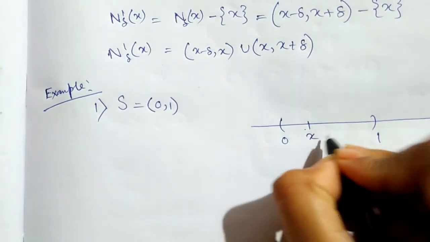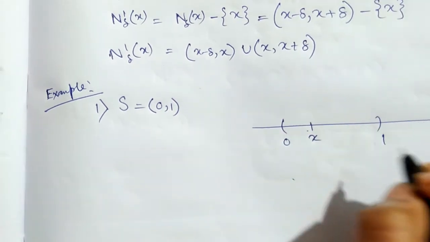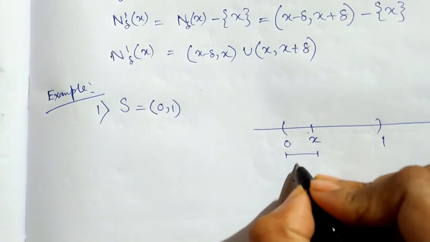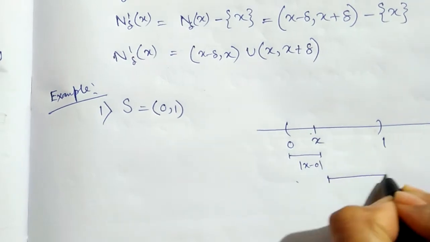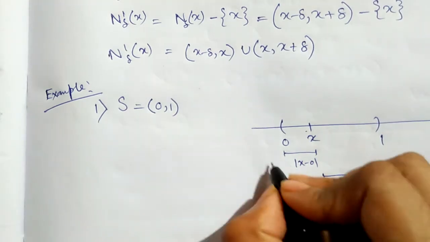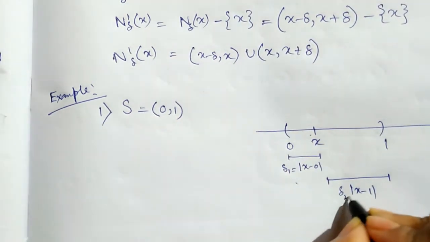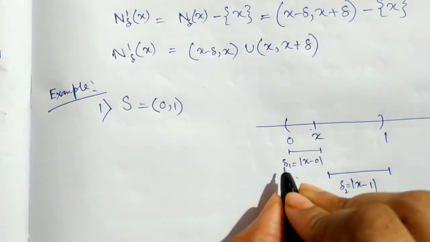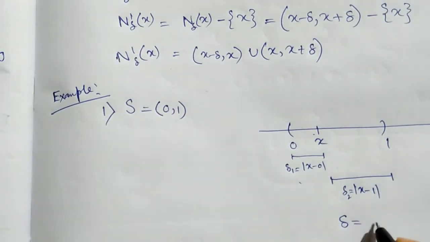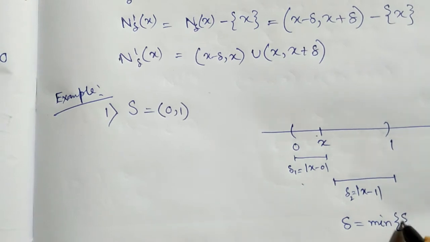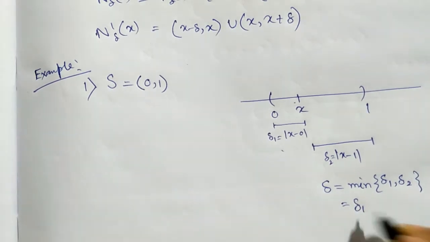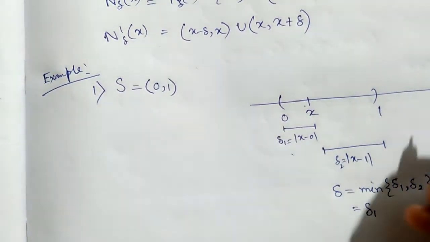So take x, any arbitrary point of S. Then see the distance between 0 and x, that is mod of x minus 0, and the distance between x and 1, that is mod of x minus 1. Suppose delta 1 is this and delta 2 is this. Now delta 1 is the minimum distance of these two, so delta is equal to the minimum of delta 1 and delta 2, and here the value of delta will be delta 1 as delta 1 is minimum.